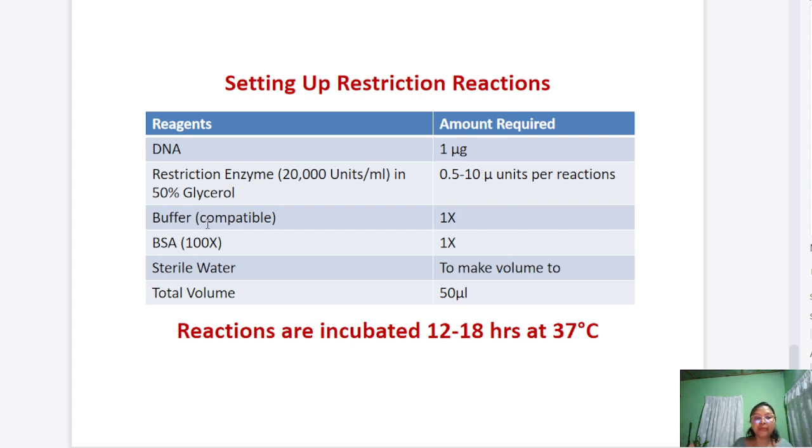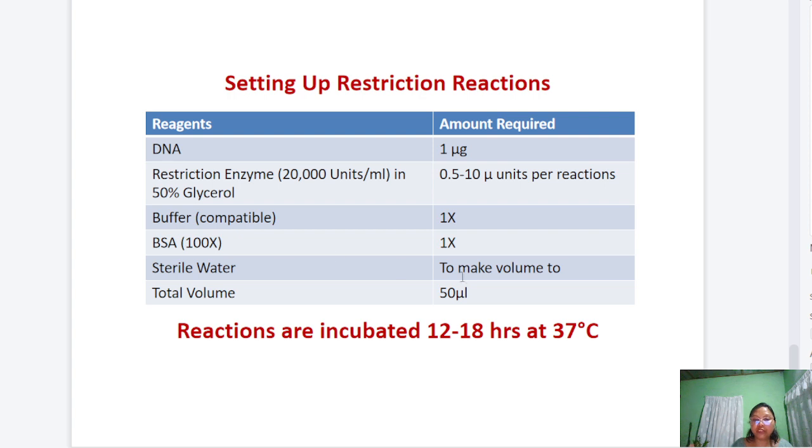Okay. Now the buffer has to be compatible. Mostly, wherever we order the restriction enzyme from, that company will synthesize the buffer for that enzyme as well. And there we have to add 1x. And BSA also we have to add. The BSA that we order will come in 100x, but the working stock will be 1x.